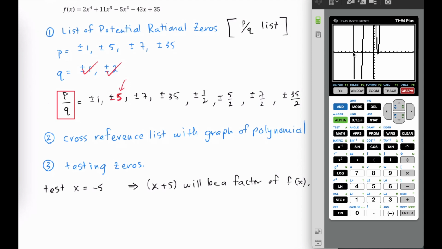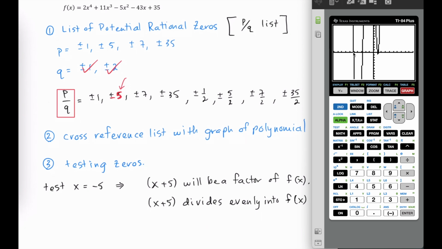If x plus 5 is a factor of f of x, that means that x plus 5 divides evenly into f of x. And if x plus 5 divides evenly into f of x, that means that if we treat this as the divisor and f of x as the dividend, x plus 5 divides into it with a remainder of 0. So we're going to use division to test to determine whether or not -5 actually is a 0.